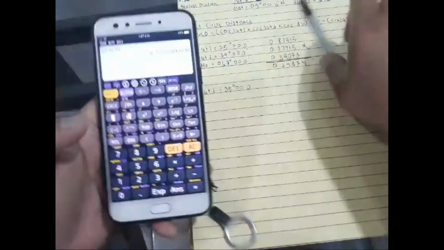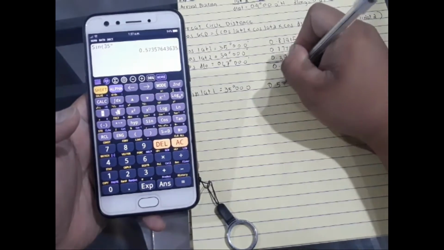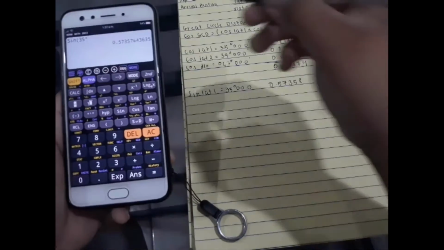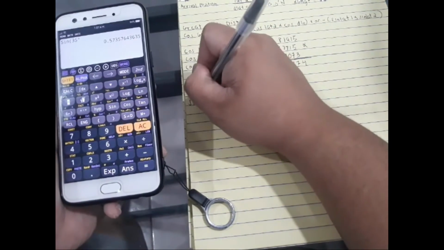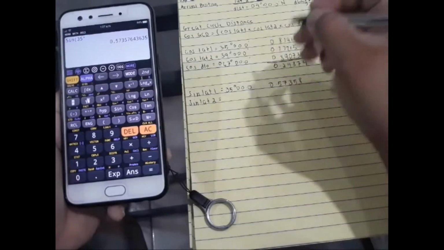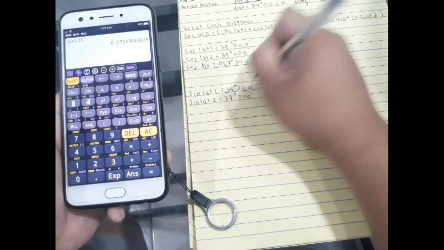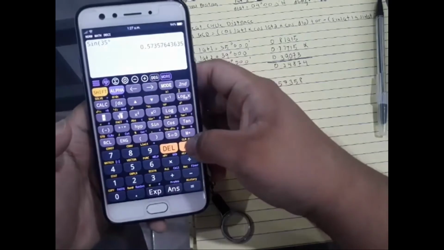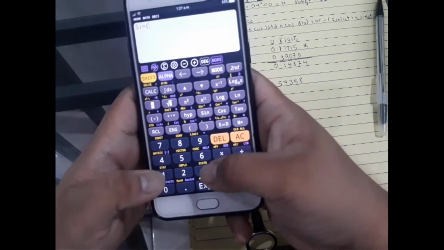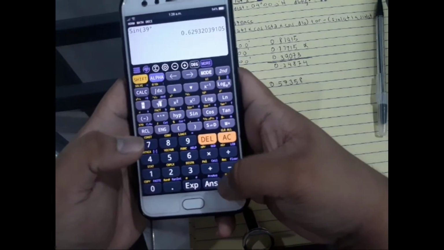The answer is 0.57358, rounded off. Then we get the sin lat 2, which is sin of 39 degrees. It's just the same: press sin and 39 and equals.